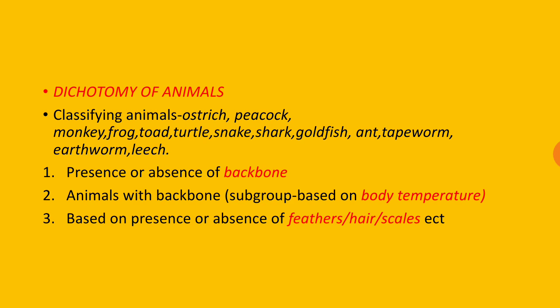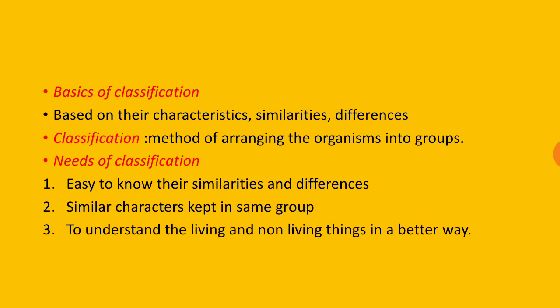And the next one is the basis of classification. What is needed for classifying animals? First, characteristics. What are their characteristics? Then similarities, what are all the similar characters they have, and then the differences they have. These are the main basic things needed for classification.